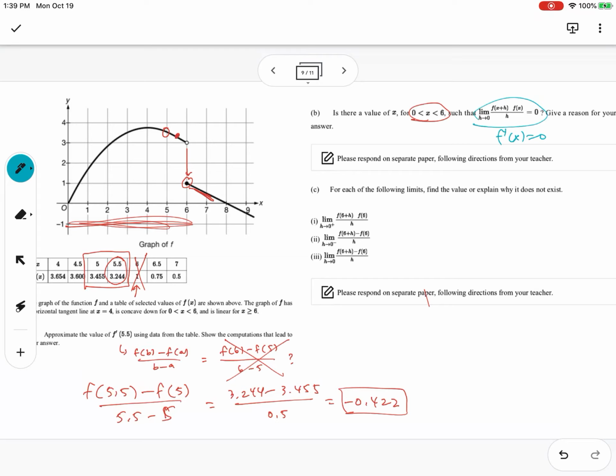And so what I would say is that at x equals 4, there is a horizontal tangent line with a slope of 0, with an instantaneous slope of 0, and then explain that this is the formula for f prime, the limit definition of a derivative, and that's it.